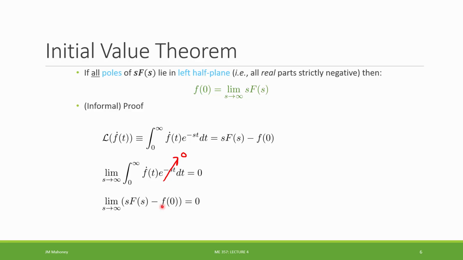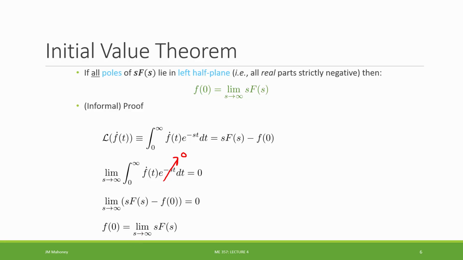But this f(0), well, that's not affected by this limit because there's no s in it. So the f(0) can actually be taken outside of the limit here. All right, so we know from above that this integral term is equal to this term on the right. I took the limit as s went to infinity of both sides. So this term is also going to be equal to this term. So I can put them together.